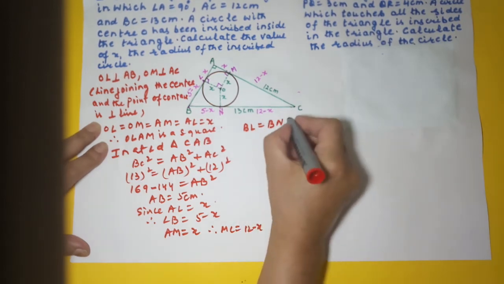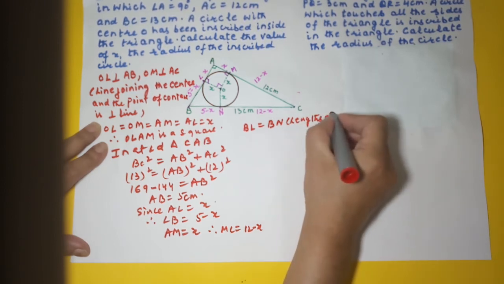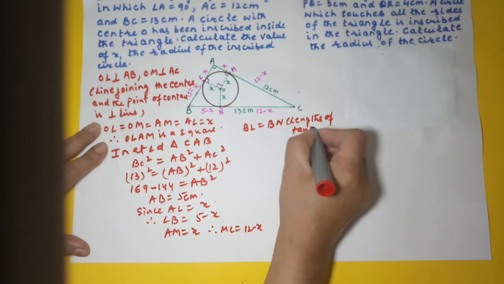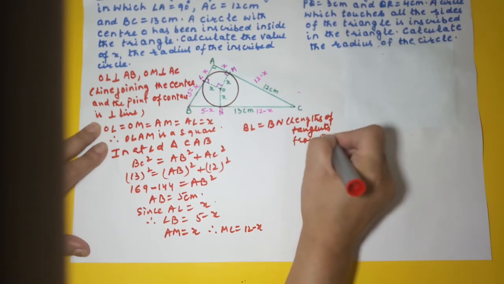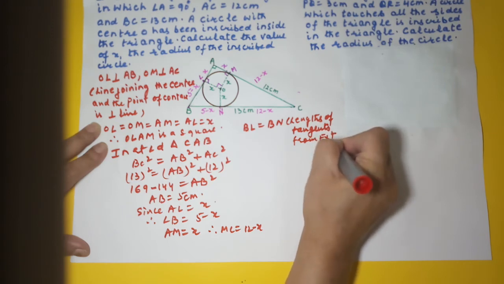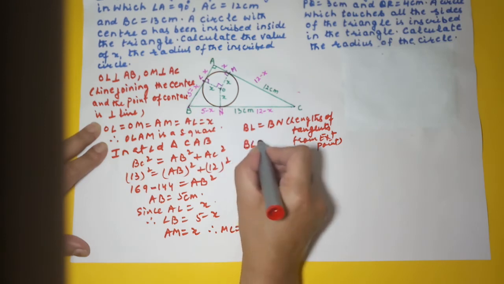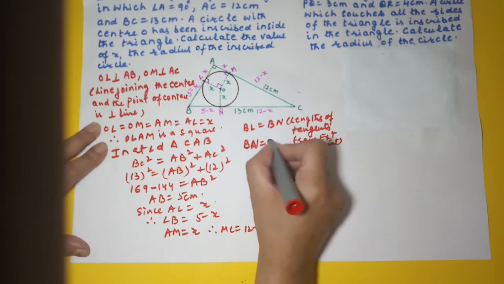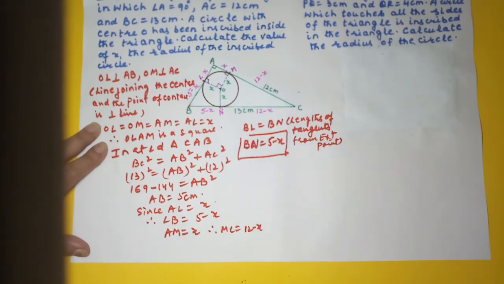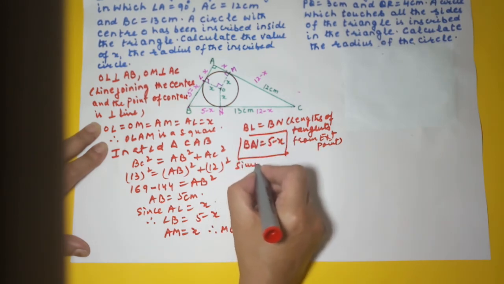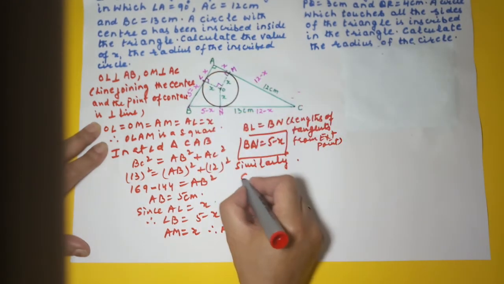Why? Lengths of the tangents drawn from the external point are equal. So BN is also equal to 5 minus X. You have got this BN as 5 minus X. Similarly, you can write CM is equal to CN.